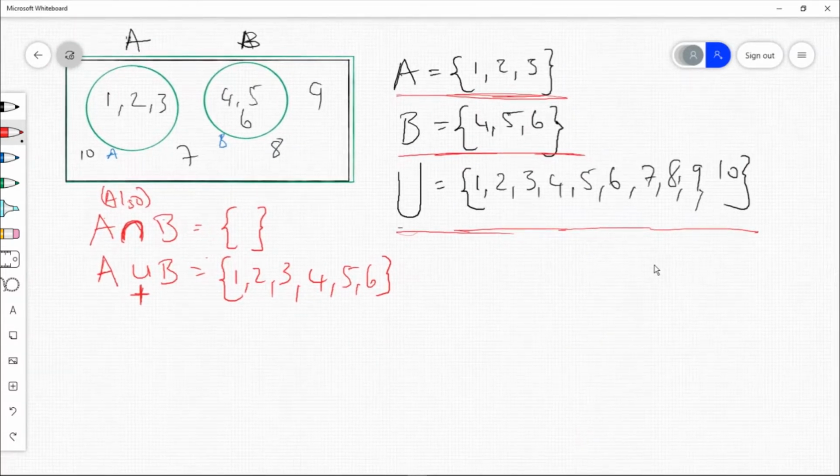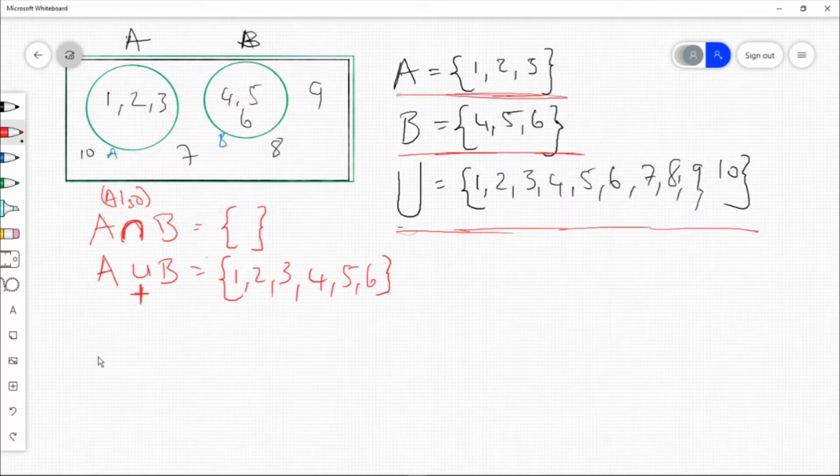Now we can look at a few examples, but we also have what we call a not. So let's say if we had to find the elements that are not in A, we put this sign on it and it becomes all the elements that are not in A. If we know that 1, 2, 3 is in A, then everything else will be elements not in A, which will include 4, 5, 6, 7, 8, 9, 10.